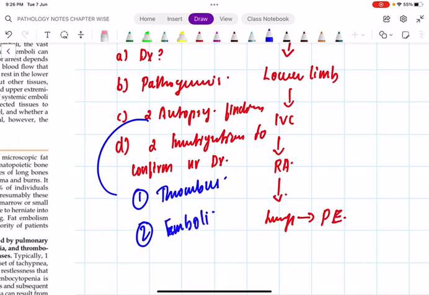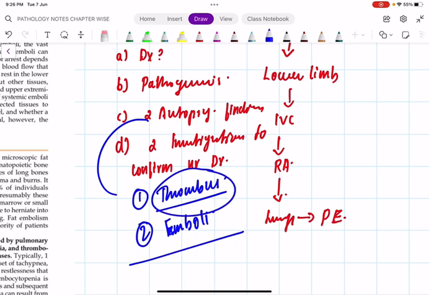So the first finding is thrombus on histopathological examination, and number 2 is emboli. Remember, in histopathological examination, thrombus and embolism cannot be differentiated. Both are morphologically similar; we use the two words to differentiate the terms, but an embolus is nothing else but a dislodged thrombus. So when they ask you about the autopsy findings, you just mention the thrombus.